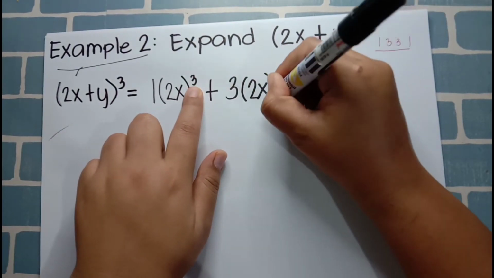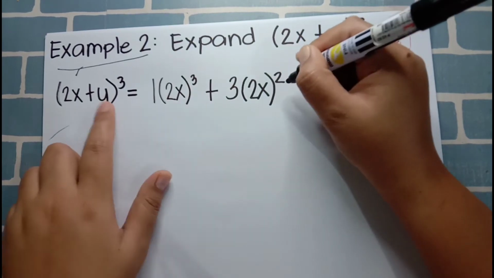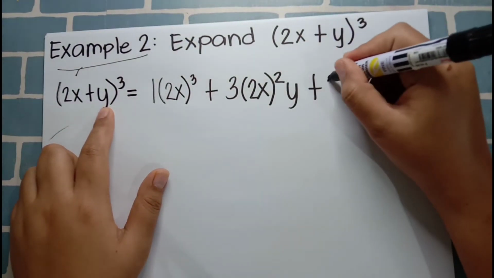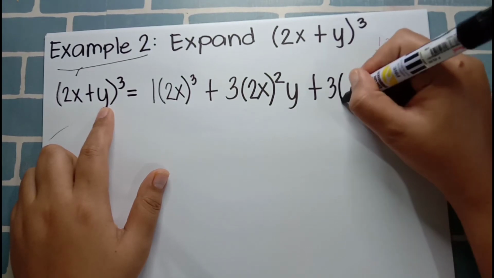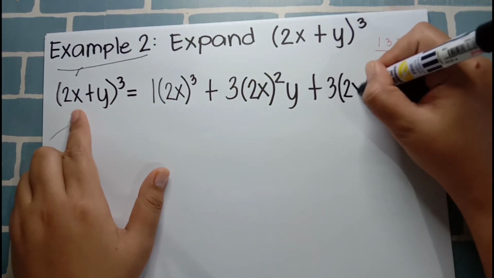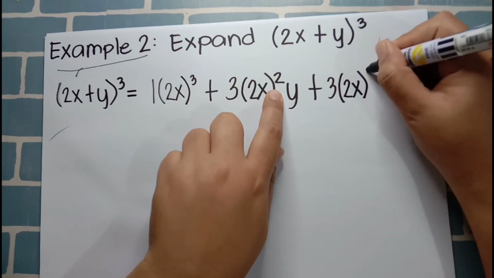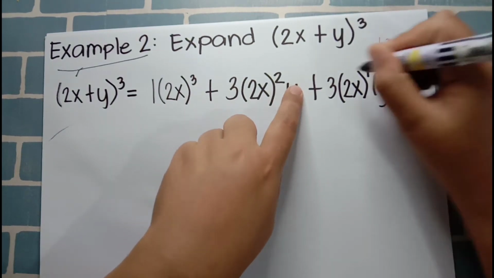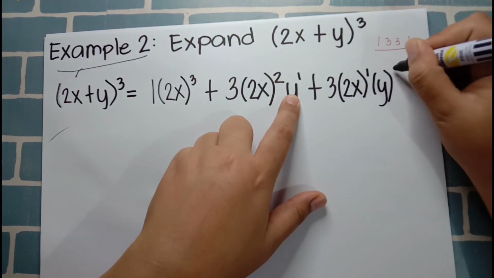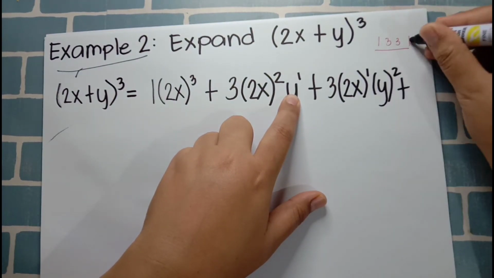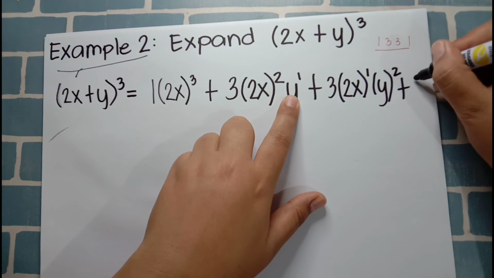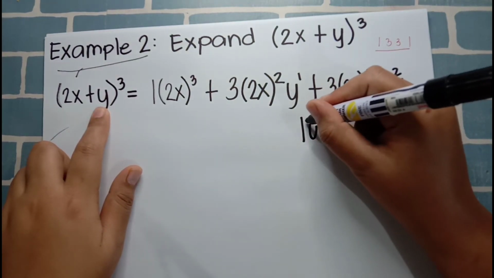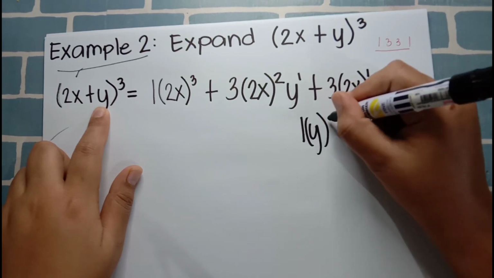The 3 from before becomes 2, squared, times y, whose exponent is 1. Plus 3 times 2x, the exponent is 1, times y, the exponent will be 2. Plus 1 times y cubed.